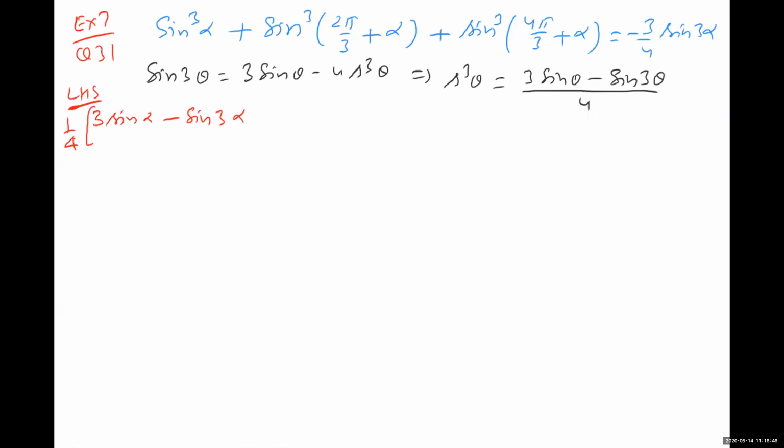Plus sine cube. So this will be 3 sine, what is alpha? 2 pi by 3 plus alpha, minus sine 3 times of this, so 2 pi plus 3 alpha. Plus, understood this point?